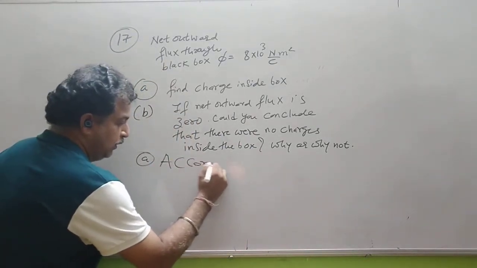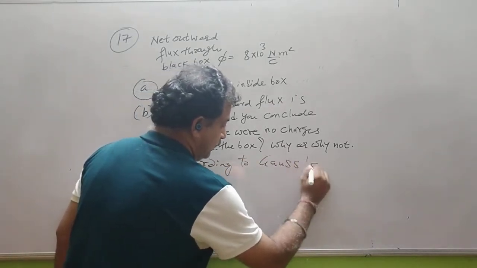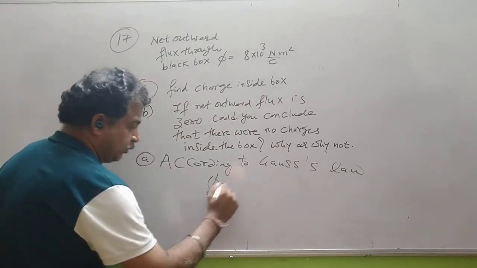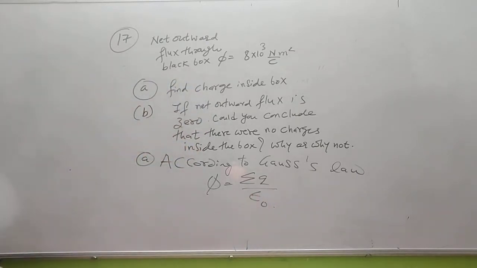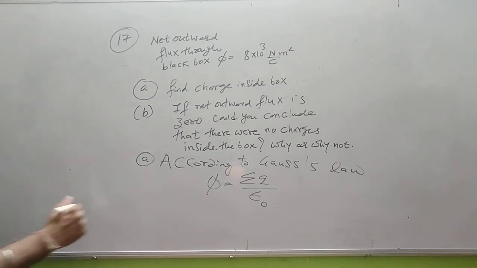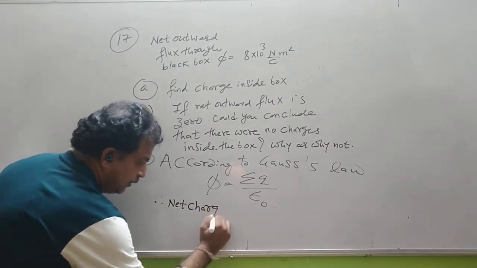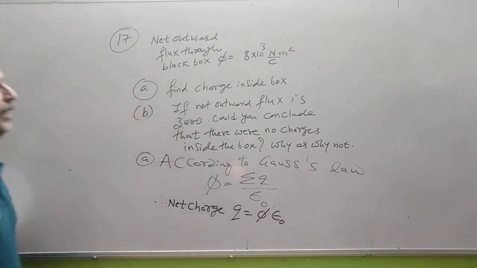So let us see the first part. According to Gauss law, flux is equal to summation Q upon epsilon naught. Summation Q is the net charge inside the box. Therefore, net charge Q is equal to flux multiplied by epsilon naught.